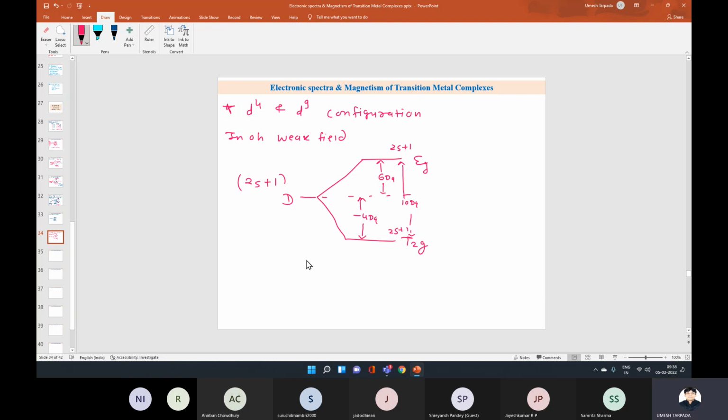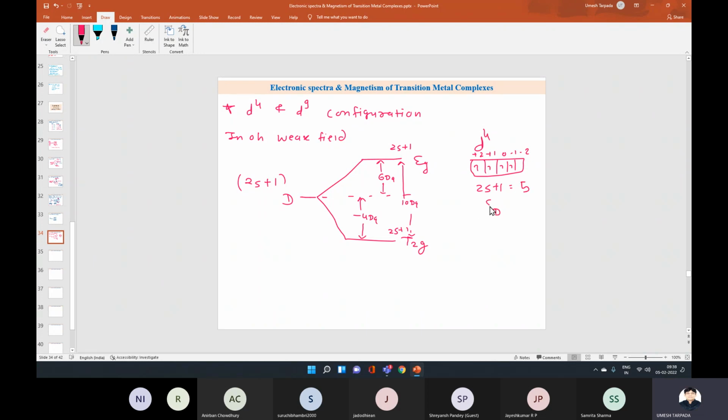What is the multiplicity for the D4 configuration? How much will come? 5. Yes, the values cancel out. The remaining L value is 2 and the multiplicity is 5.